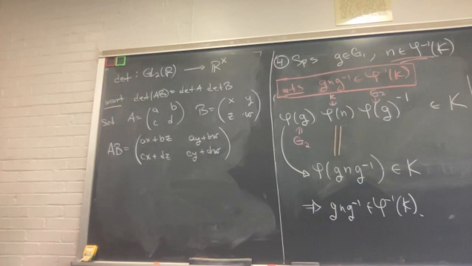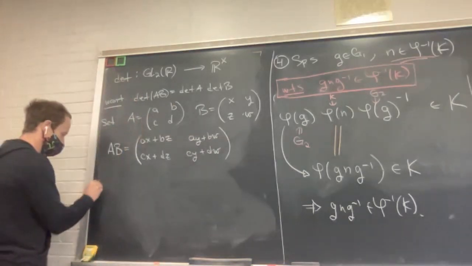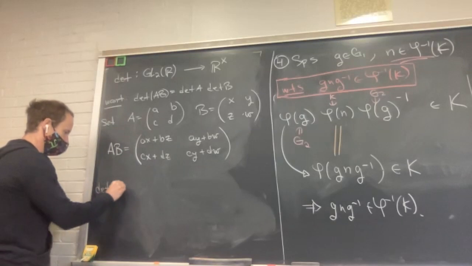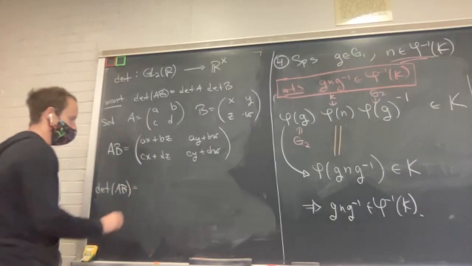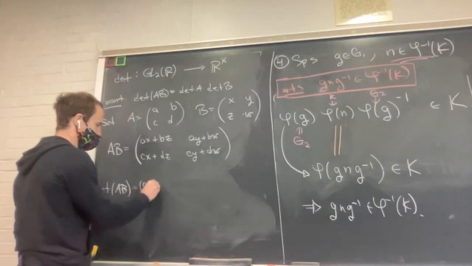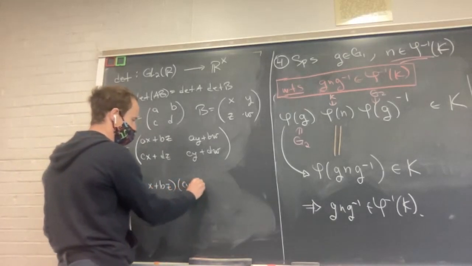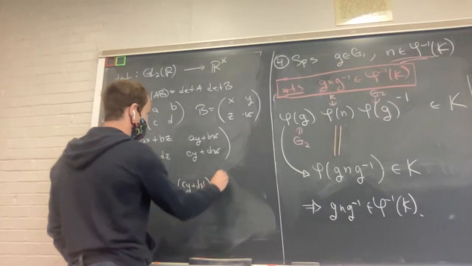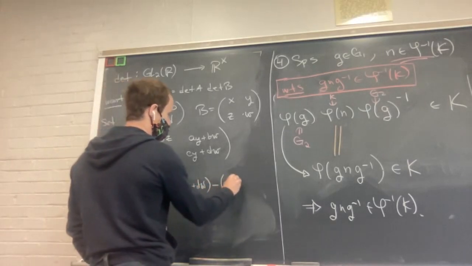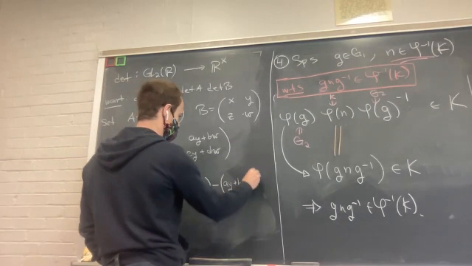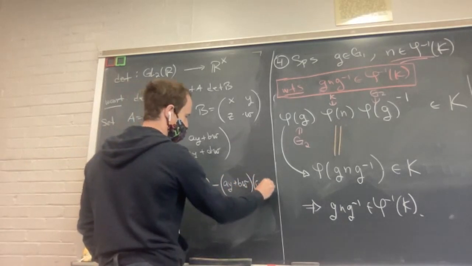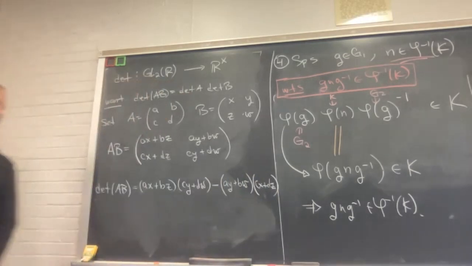Now, like I said, let's calculate both sides. The determinant of AB is going to be AX plus BZ times CY plus DW, minus AY plus BW times CX plus DZ.